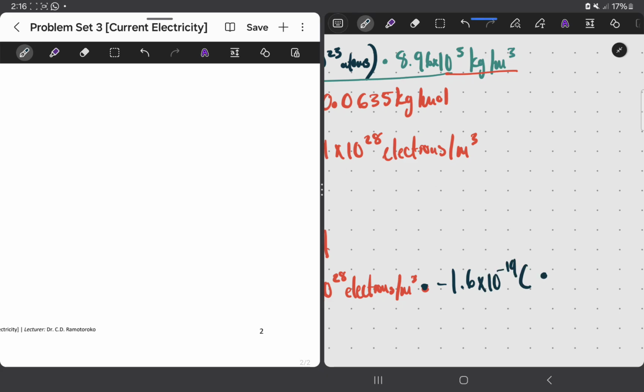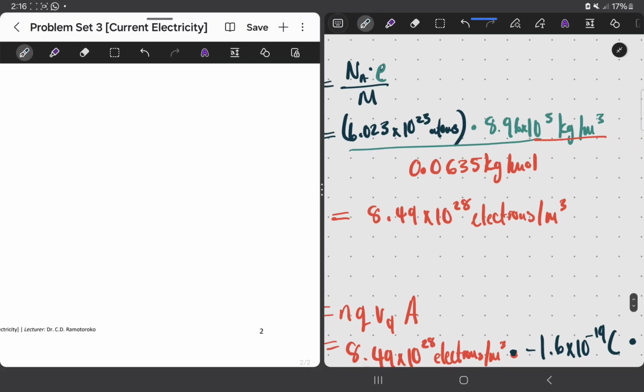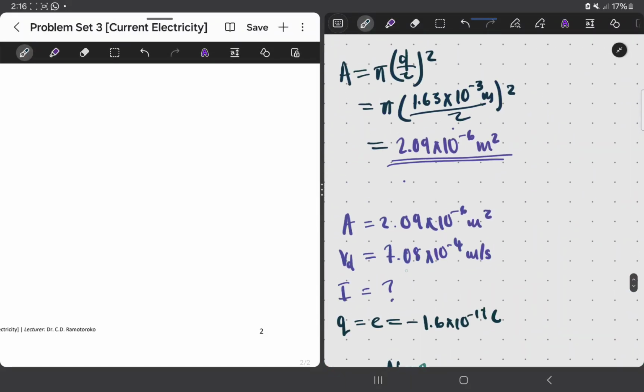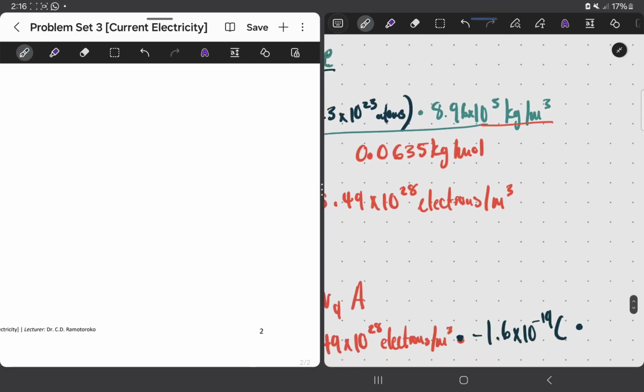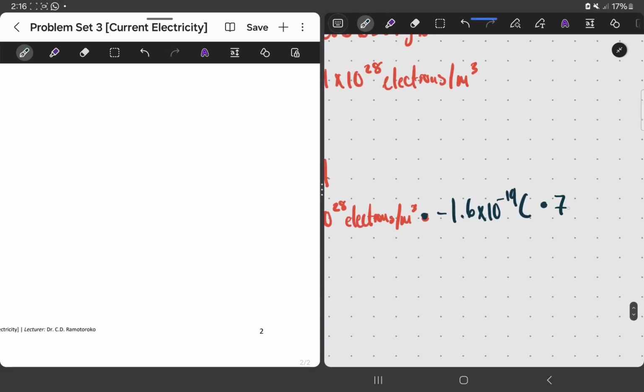Then we multiply by VD, the drift velocity, 7.08 times 10 to the negative 4 meters per second.